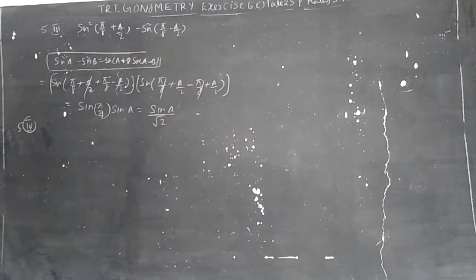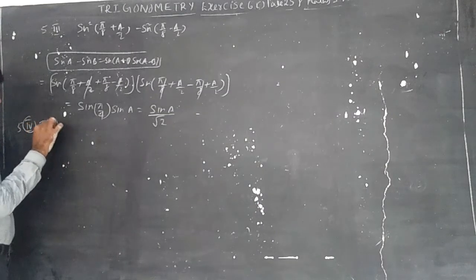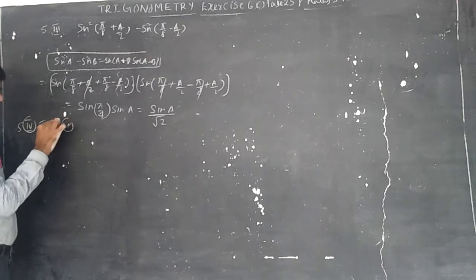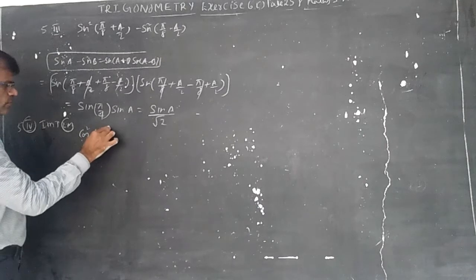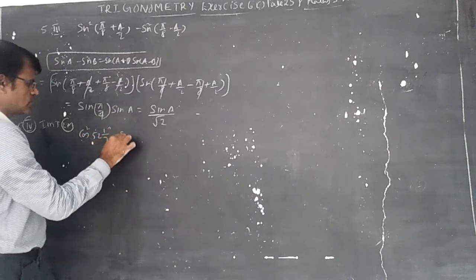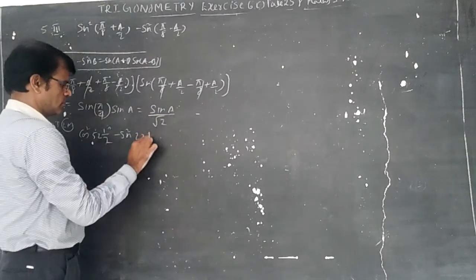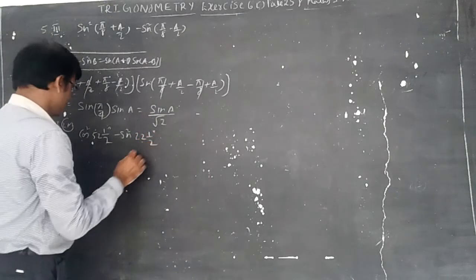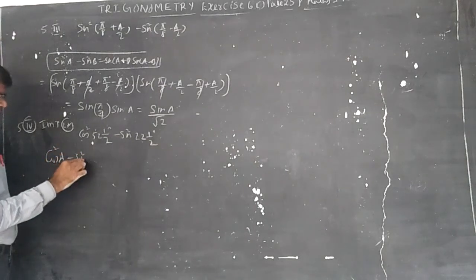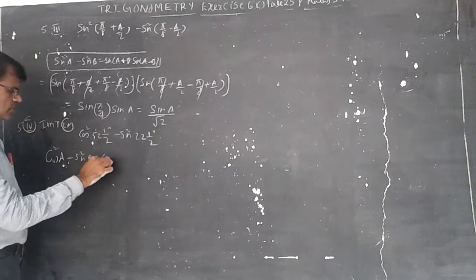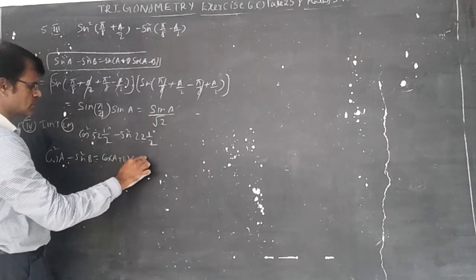Cos square 52 and half minus sin square 22 and half. IMP 2 marks. Let us remember the formula: cos square a minus sin square b is equal to cos of a plus b into cos of a minus b.